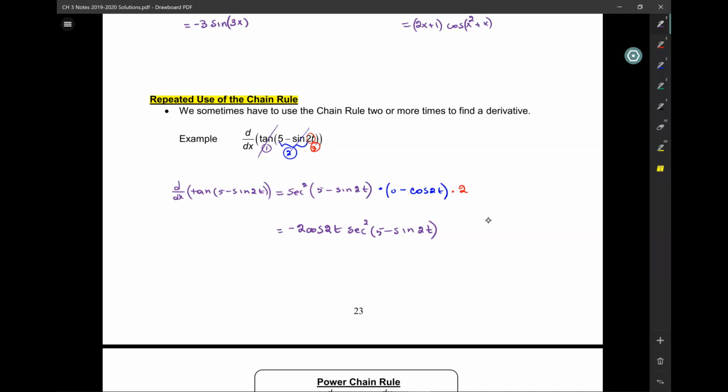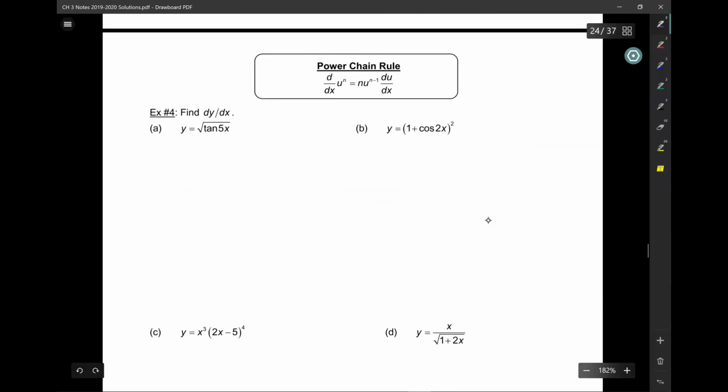Okay. All right. So what if you have a power with the chain rule? So power chain rule, suppose you need to find d/dx of u to the n, but u is not just x, it's a whole function of its own, right?